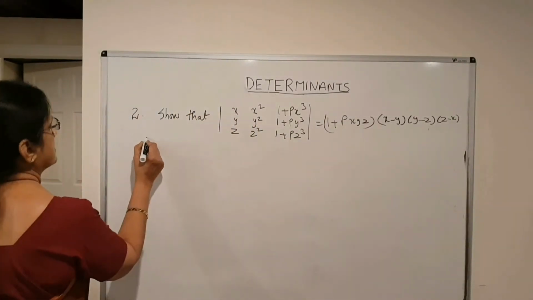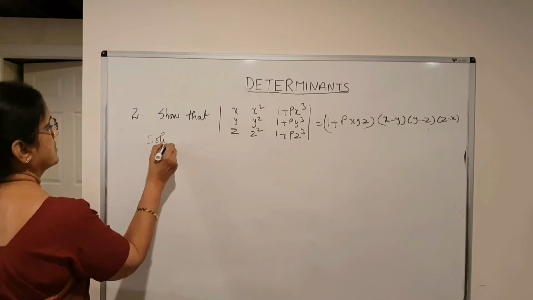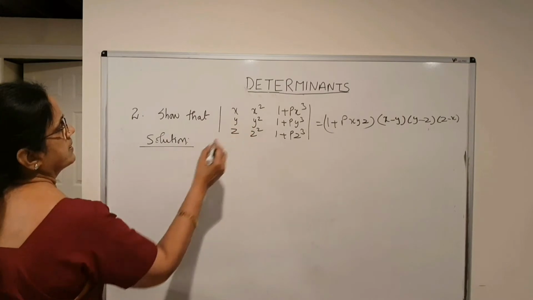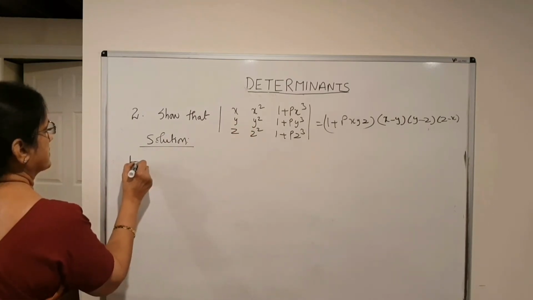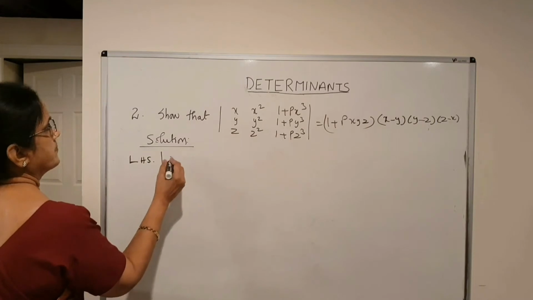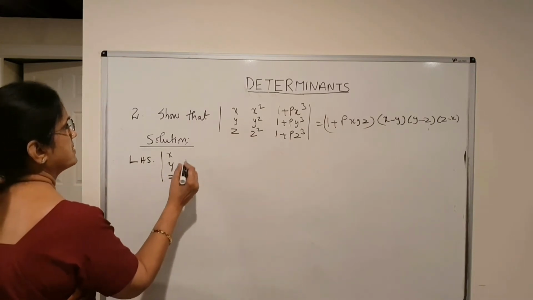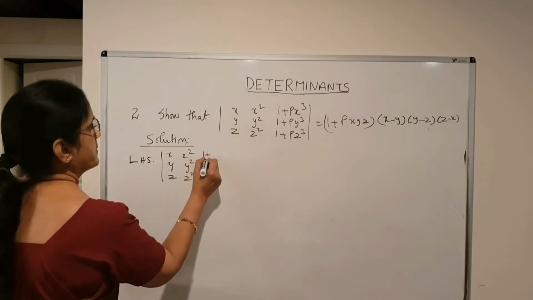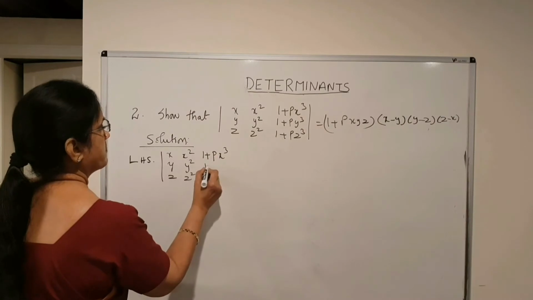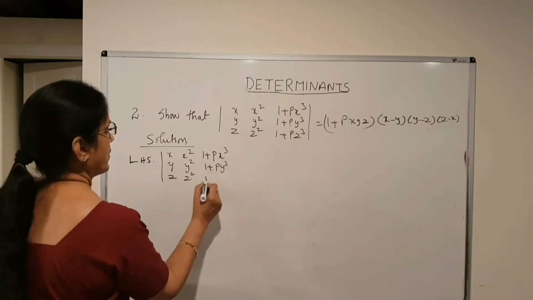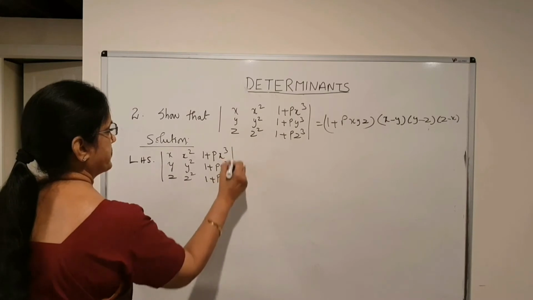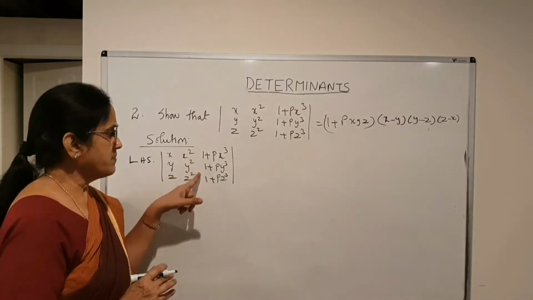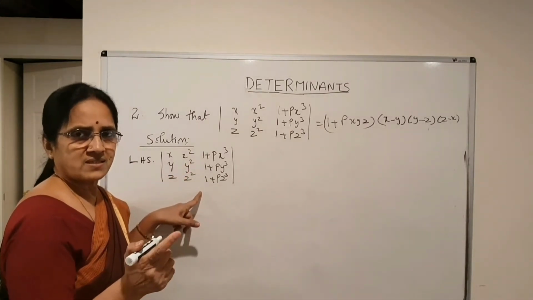Solution. Take LHS. x, y, z, x square, y square, z square, 1 plus px cube, 1 plus py cube, 1 plus pz cube. Now, in column 3, every element is sum of two elements.